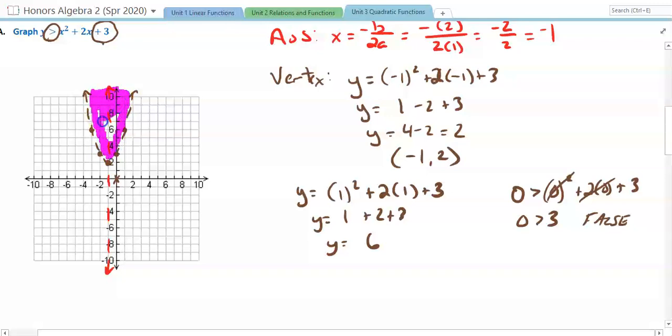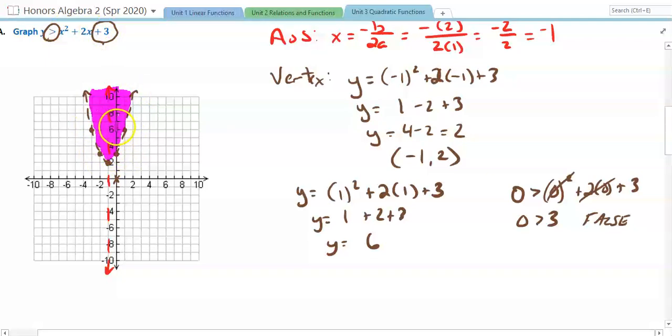Now, I don't want you to get fixed up on things being greater than or less than being inside or outside, because depending on the opening direction of my parabola, that could change. An easy way to think about this, though, is this. This says that y has to be greater than the related function, right? And so if I go to my y-intercept, where is y greater than this parabola?